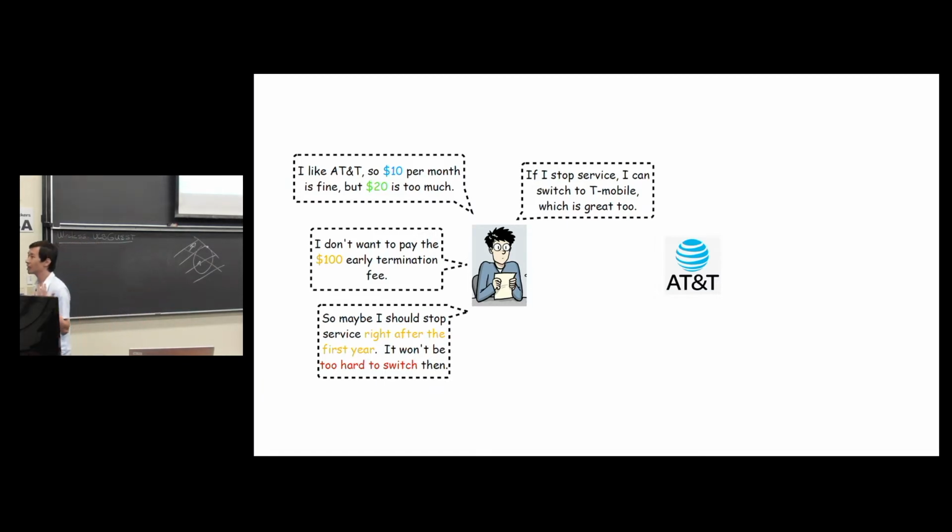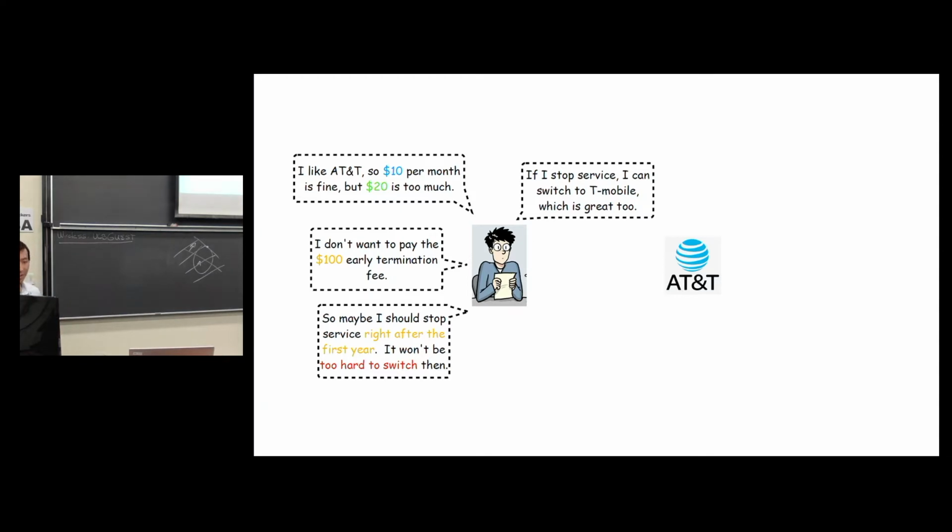Here's how the customer reasons about this problem. First, the customer likes AT&T, so $10 is okay. $20 is a bit too much. Also, there are outside options. The agent and the customer are actually the same thing. If the customer walks away, they can switch to, for example, T-Mobile. Those are also great carriers. And moreover, the customer definitely doesn't want to pay the $100.